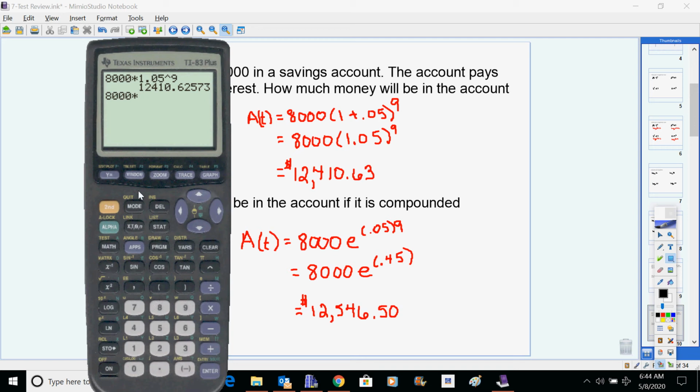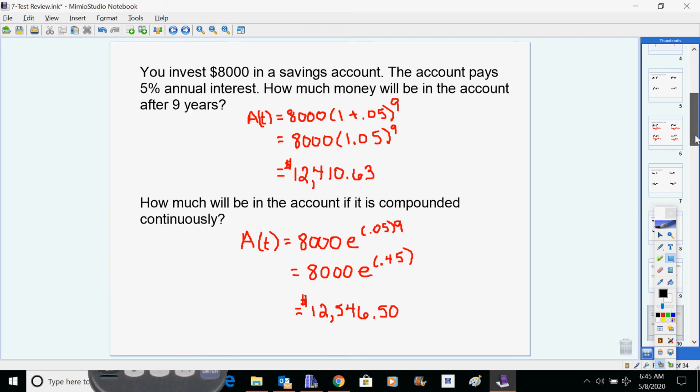Your e is the second of the natural log, and 0.45, which you got by multiplying your interest rate times your number of years. And then you end up with this. You're rounding to the pennies place, so please be careful that you do that correctly. This rounded up ended up making it a whole 50 cents, and since it's money, make it look like 50 cents, not just 0.5. All right, so you've got that.